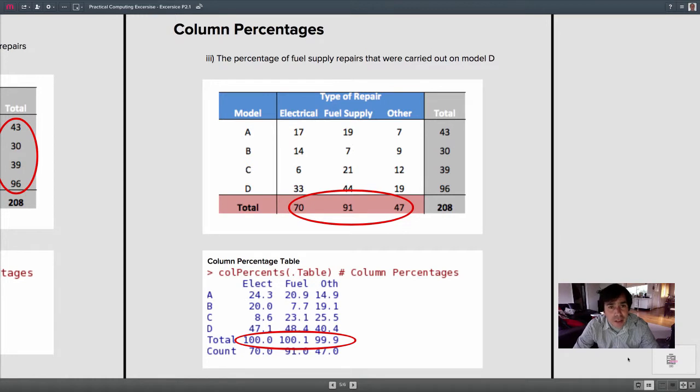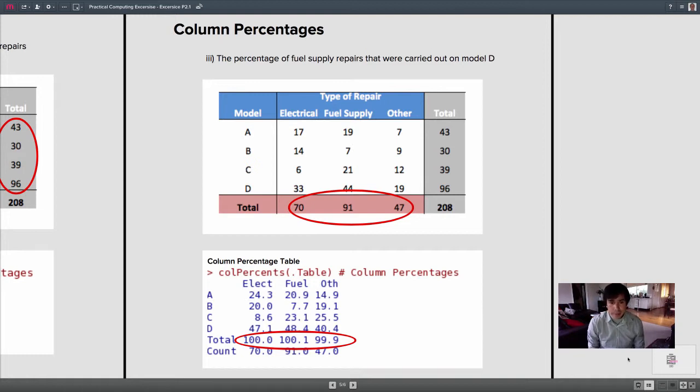The question is the percentage of fuel supply repairs that were carried out on Model D. I can paraphrase this question as well. For example, I can say, from my total number of fuel supply repairs, what percentage were found in Model D? By asking the question in that way, I identify 91 as the total number of fuel supply repairs and consider this number as my 100%.